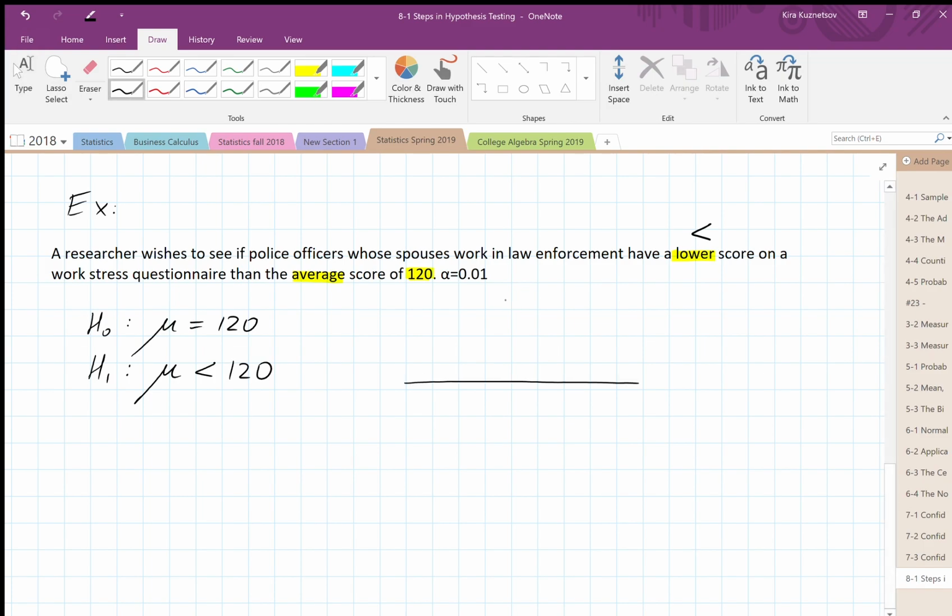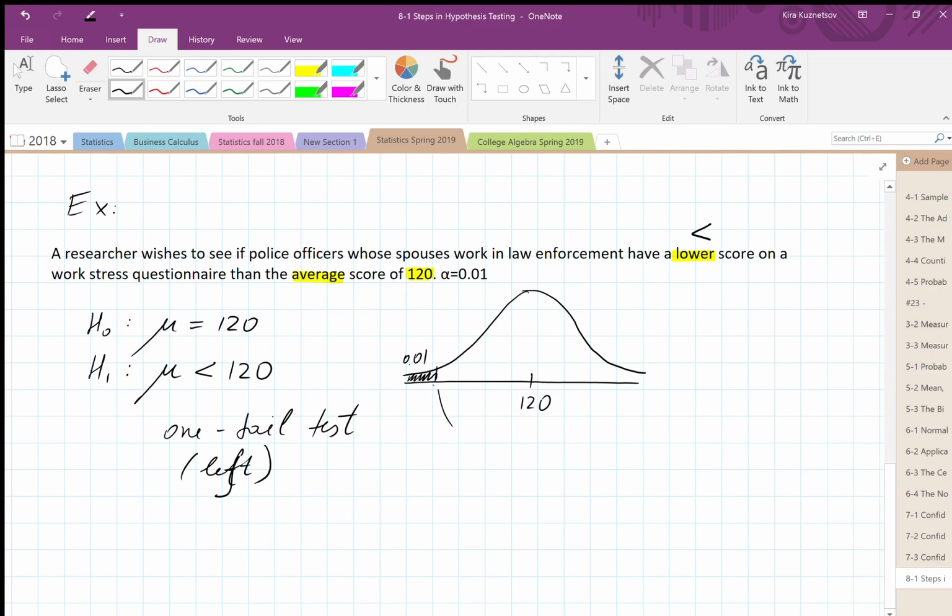Here's my null hypothesis, here's my alternative hypothesis. If I want to draw a picture of this representation, the 120 goes here. Now the alpha is 0.01, a one-tail test. But because I have a less than sign, it is now a left tail. So the 1% goes all on the left.